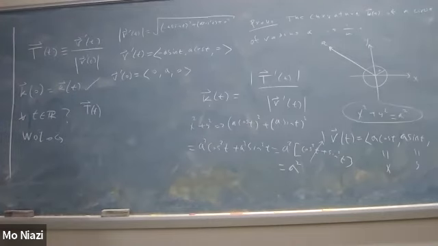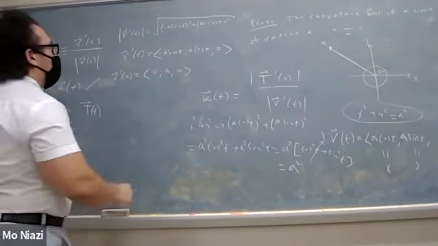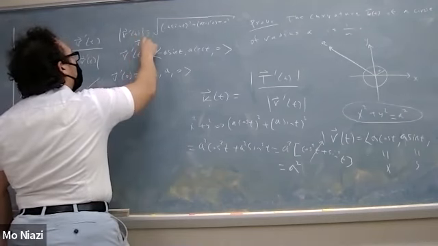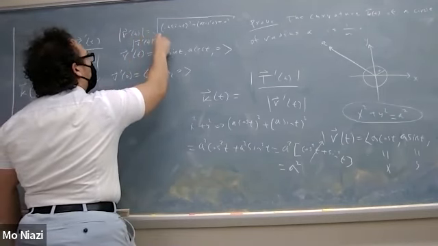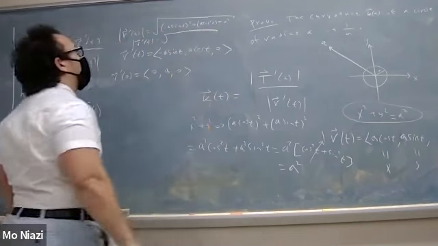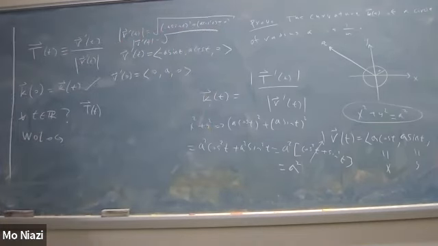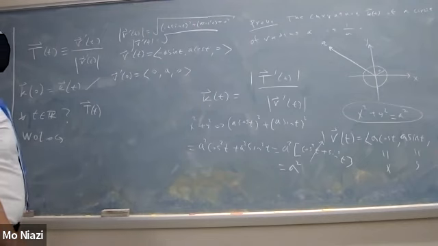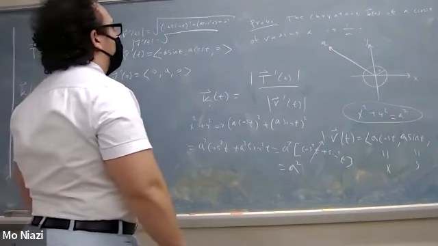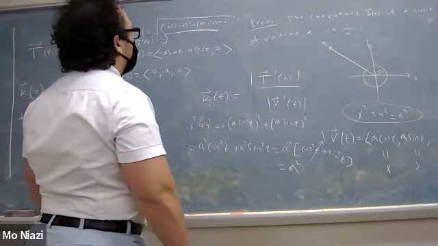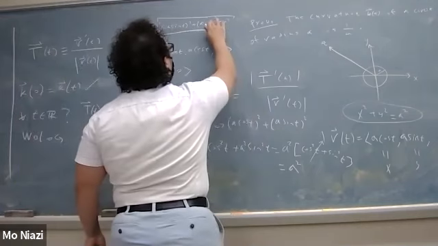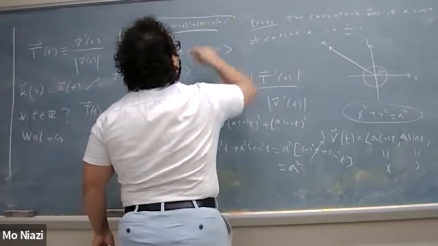But since we're evaluating for t equals 0, it suffices to find this as well, right? So I'm plugging in 0 for sine of t, that's 0, squared, 0. For cosine of t, that's 1, times a. Square needs to be here.